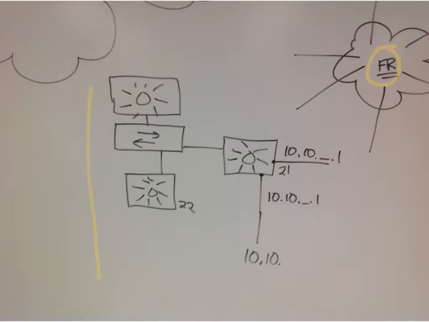Here, talking about the idea that we're on a multi-access network. We have a switch and we have these routers. And it's kind of the same thing in a frame relay cloud, even though frame relay's going away, but we'll take a look at frame relay next term.